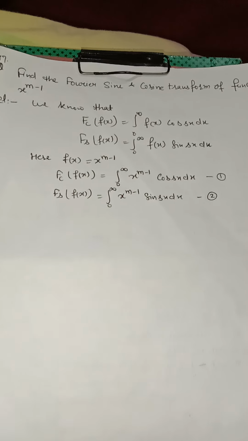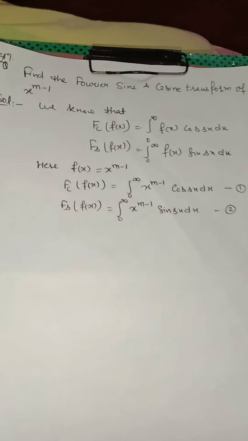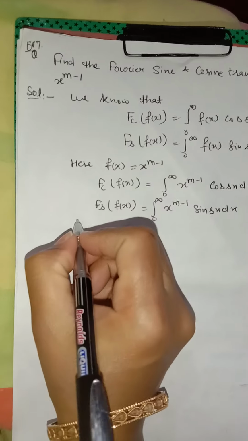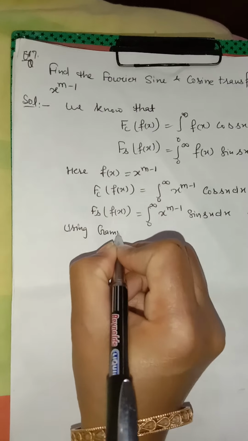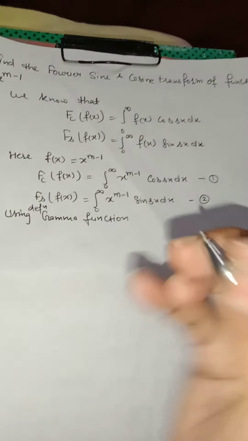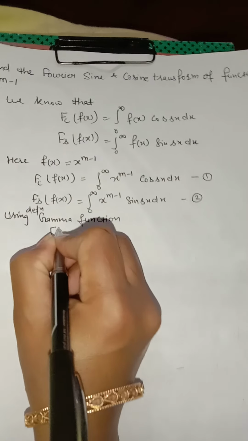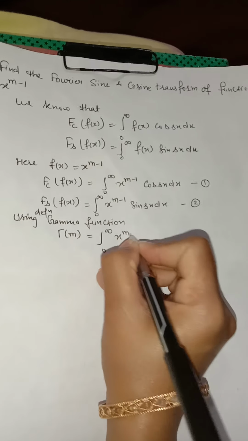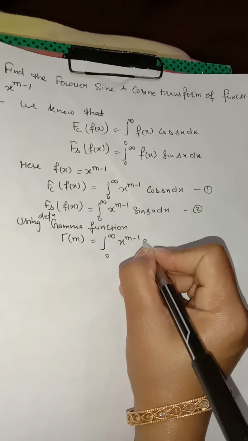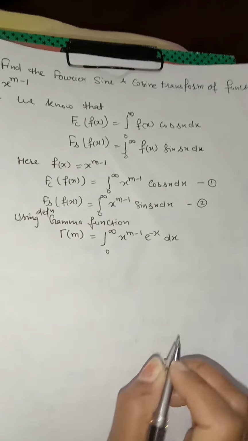Now we are using gamma function, so gamma of m. Here we are using the definition of gamma function, and gamma function can be written as gamma of m is integral 0 to infinity x raised to power m minus 1 e raised to power minus x dx.